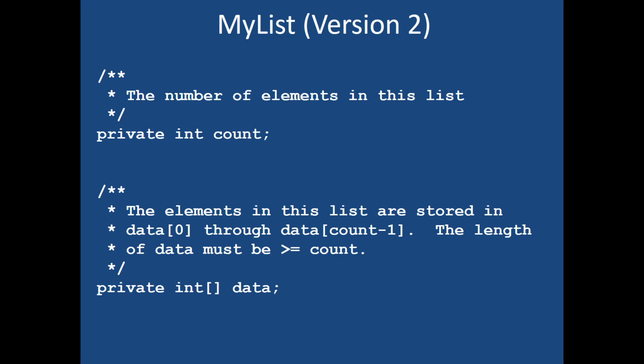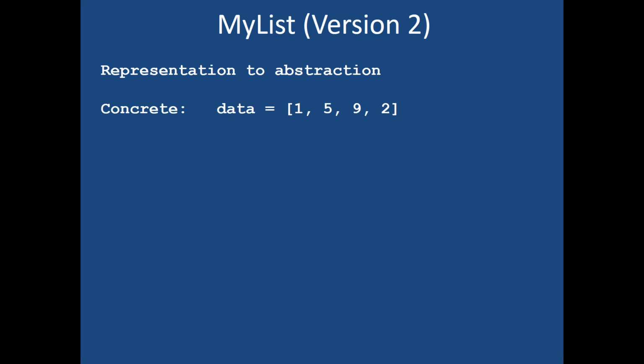So if that's the deal, suppose you're using a debugger for the second version and you look inside an object and the data array contains 1, 5, 9, 2 and the count is 3. What list is that? First of all, how many elements are in the list? Not 4.